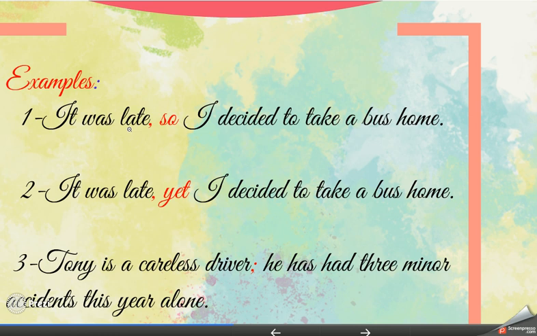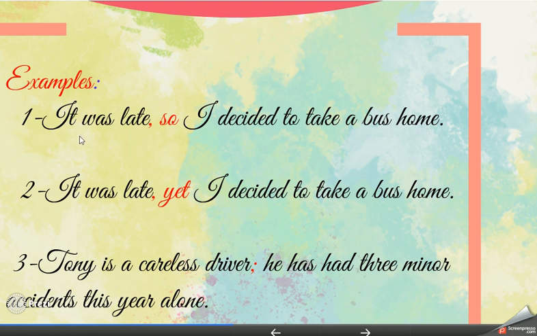It was late. However, we want to express more than one idea just to make the meaning complete. Therefore, we used a coordinating conjunction and another independent clause. It was late, so I decided to take a bus home.